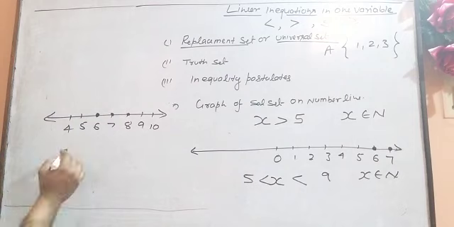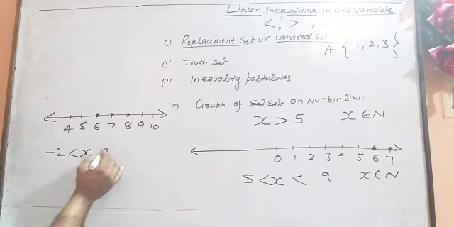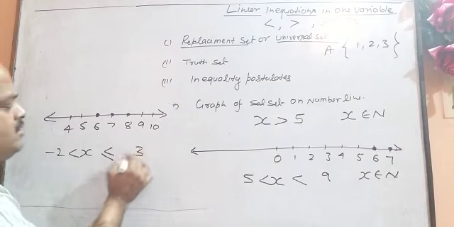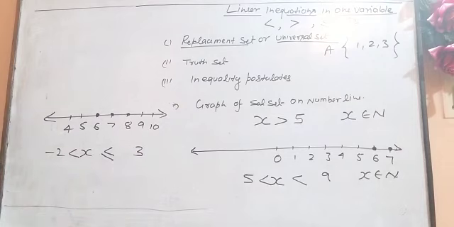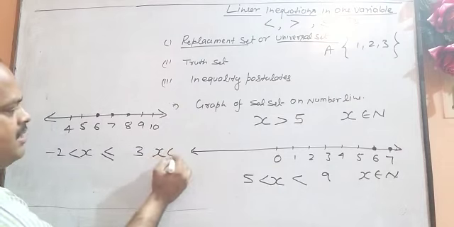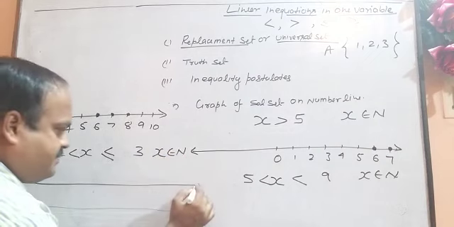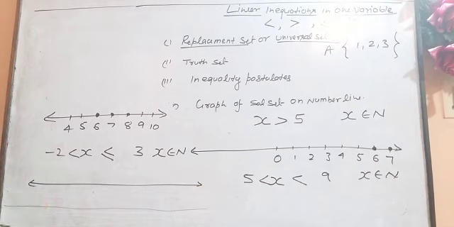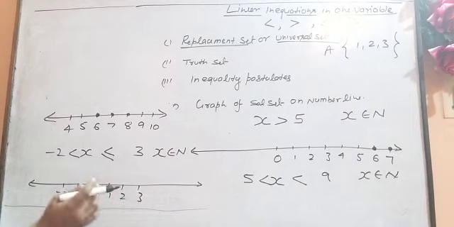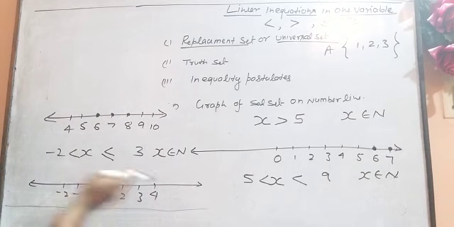Another example. x is greater than -2 but less than or equal to 3, x belongs to natural numbers. So draw the number line, mark -2, -1, 0, 1, 2, 3, and extra integers, one this side, one this side.